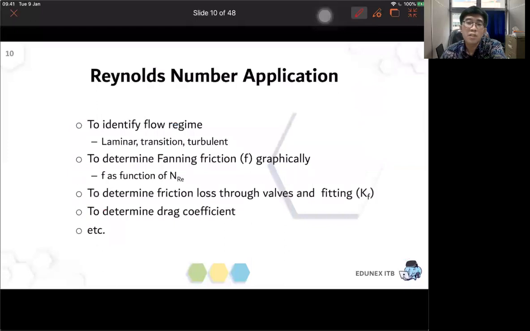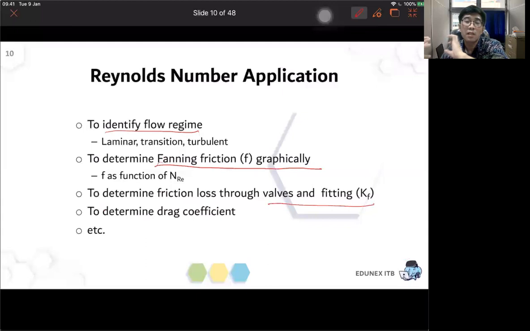What is the Reynolds number application? First, we have discussed to identify the flow regime or the flow pattern, whether it's laminar, transition, or turbulent. But later, in the next chapter, Reynolds number can be used to determine what is called friction factor or friction in the fitting.